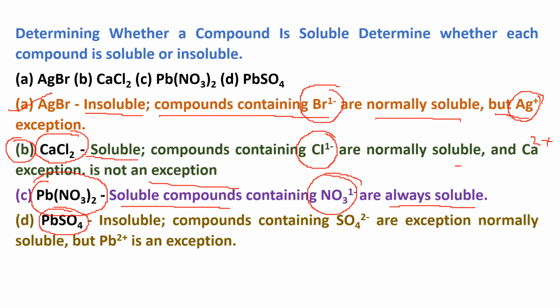You take lead sulfate, but this is insoluble because sulfate ions are normally soluble, but lead 2 plus is an exception. Finally, we concluded that silver chloride is insoluble in water, calcium chloride is soluble, lead nitrate is soluble, and lead sulfate is insoluble in water.